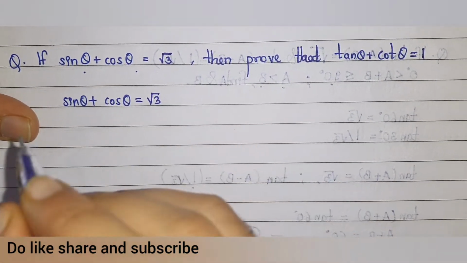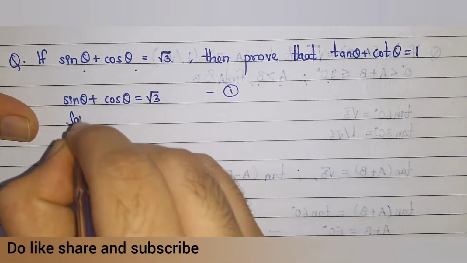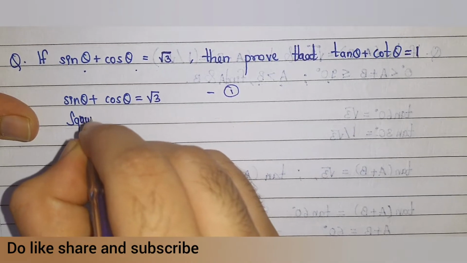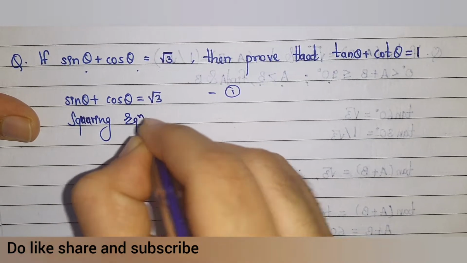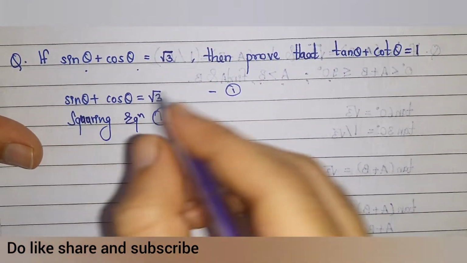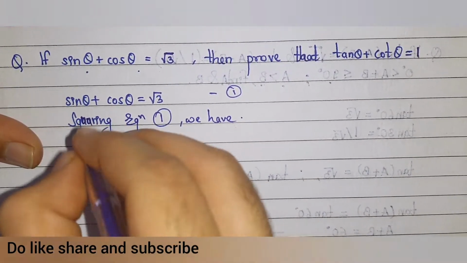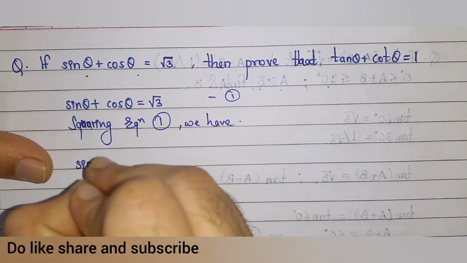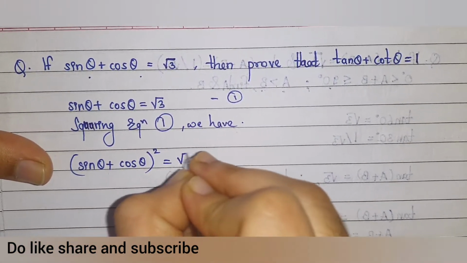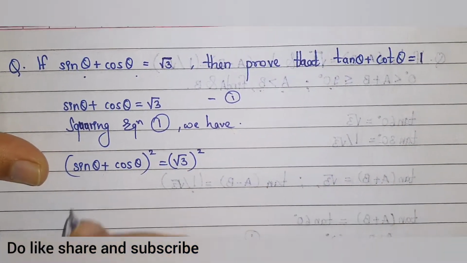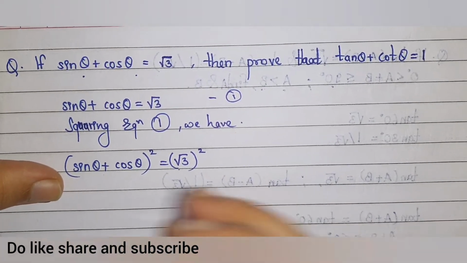Now we'll be squaring equation 1. Here it is a plus b, so it will become a square plus b square plus 2ab, and for root 3 squared it will be 3.